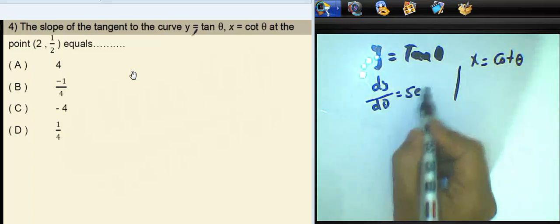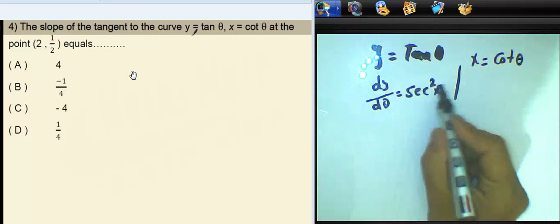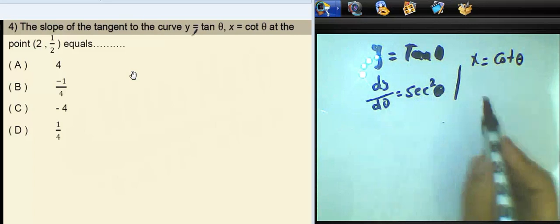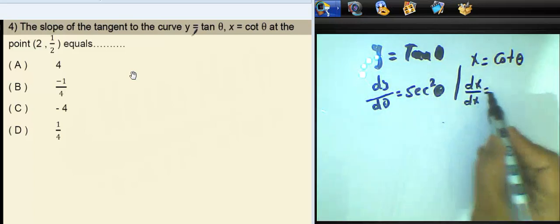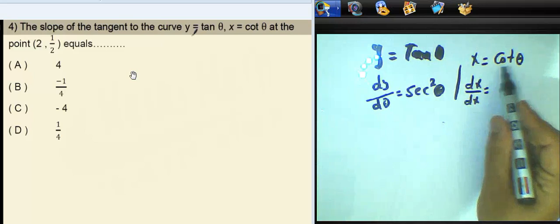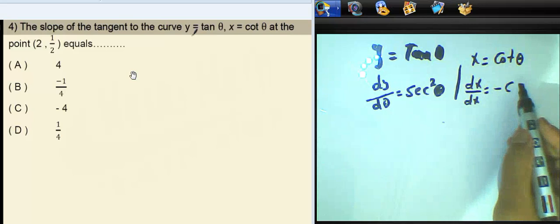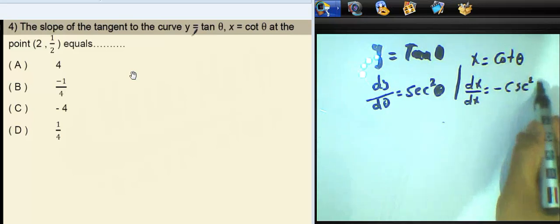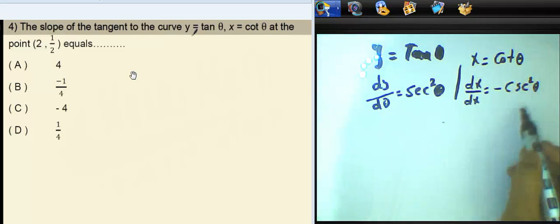Equal to sec squared theta. The derivative of tan equals sec squared theta, and the derivative of x with respect to theta is the negative derivative of cotan, which equals negative cosec squared theta.